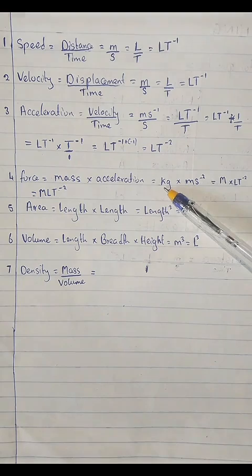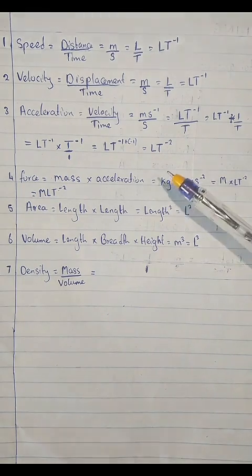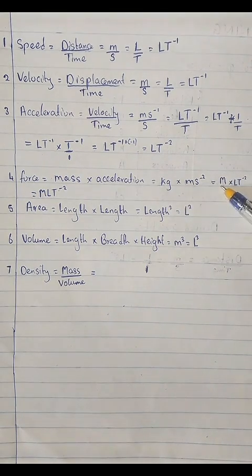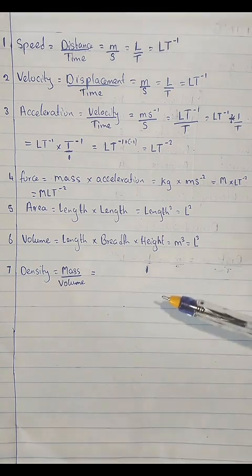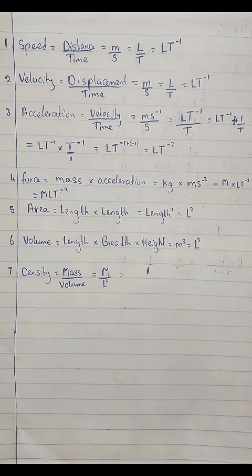So we can write this as M all over L cube. And writing this, we need to bring L cube up. So we are having M per L cube. That is ML to the power of -3. And that is our dimension for density.